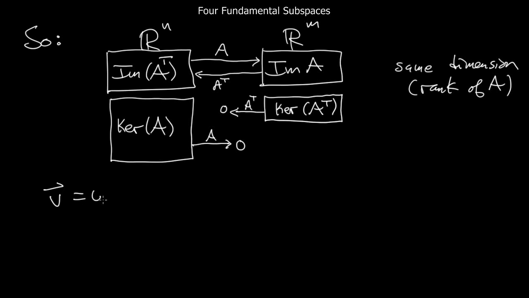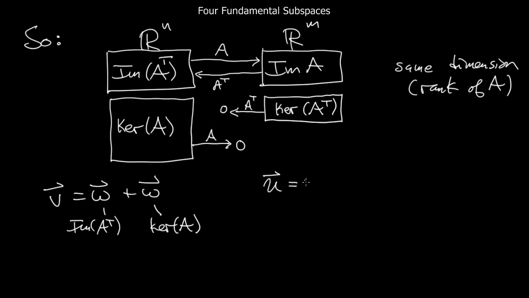And any linear transformation from Rn to Rm has this kind of picture. Over here, we can write V as something in the image of A transpose plus something in the kernel of A, and we can write any U, by symmetry, by the same argument applied to A transpose, as something in the image of A plus something in the kernel of A transpose.